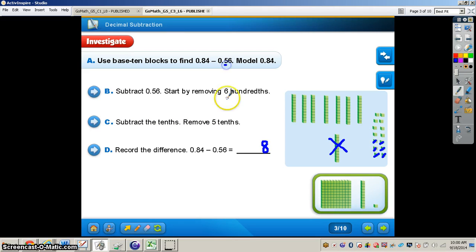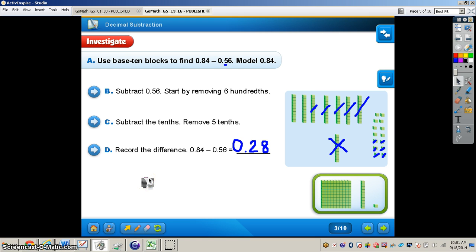You can see there are 5 tenths, so we need to take 5 away. 1, 2, 3, 4, 5, which gives me 2 tenths left over. So we have our 2 in the tenths place. We put our decimal point down. We don't have any 1s at all, so we could put a 0 here. You can see that we have 2 tenths and 8 hundredths, giving us a total of 28 hundredths.